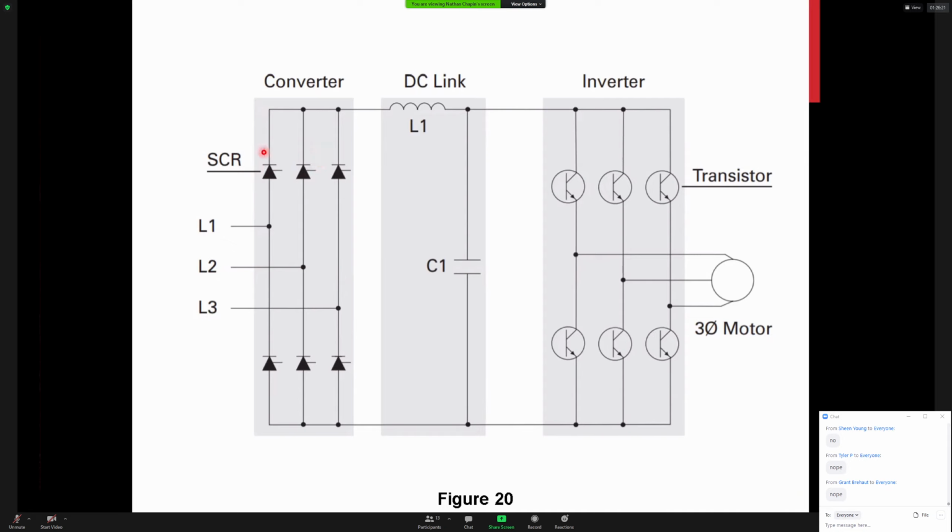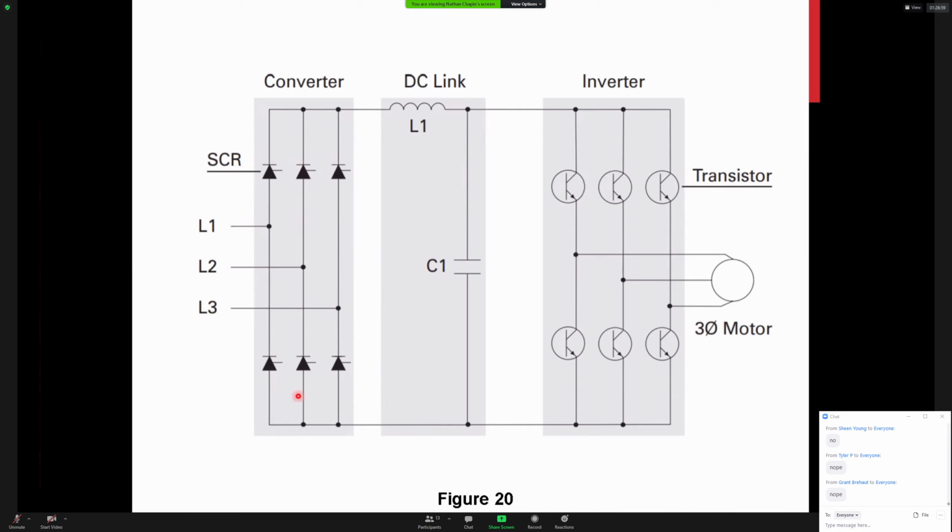It's because these SCRs here, they actually vary the voltage onto the DC bus right there. So if you have 600 volts coming in, and if we look at anywhere from 0 to peak, that means our DC link voltage could be anywhere from 0 to 850 volts approximately, because the peak of 600 volts, 600 times root 2, or 600 times 1.414 is about 848 volts.